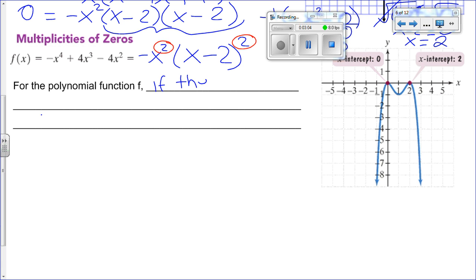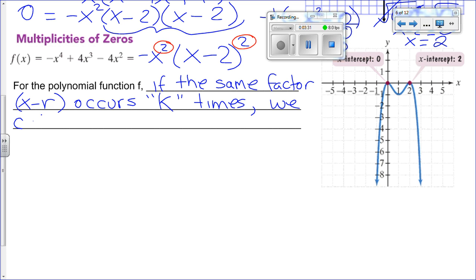if the same factor, let's call it x minus r, with r being a constant, just a number, occurs k times, where k just stands for a number, we call r a zero with multiplicity k.